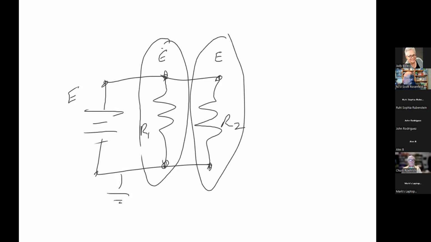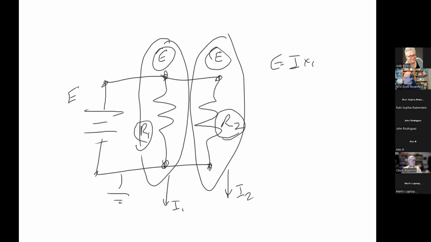If the E's are exactly the same, what's going to happen to the currents I1 and I2? They are going to be inversely proportional to the resistance, because E is equal to I times R, and I is equal to E divided by R. So we would have the same voltage and different currents.